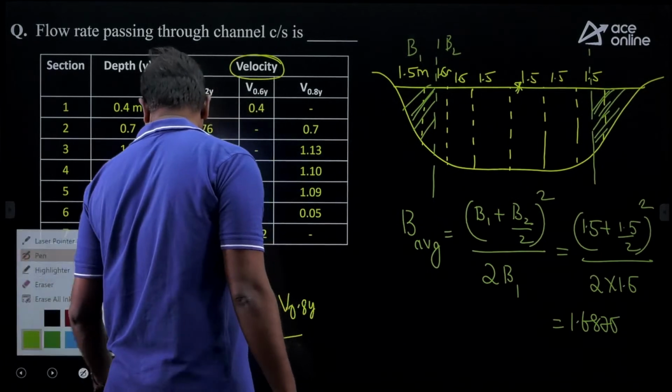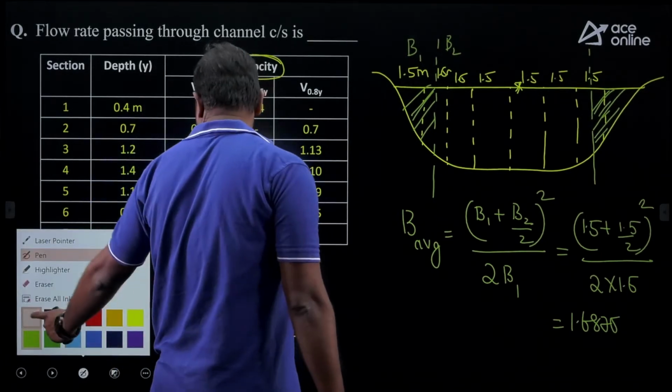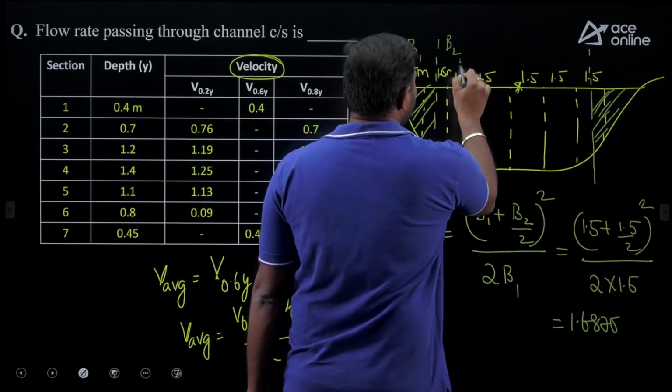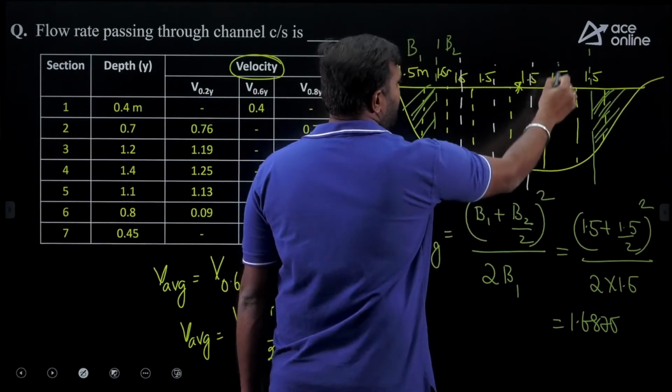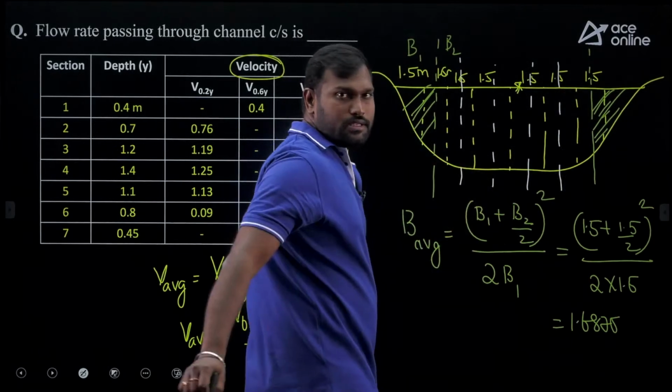And for the remaining zones, you take half of this section, half of the section, half of the section; everywhere the average width is going to be the same.